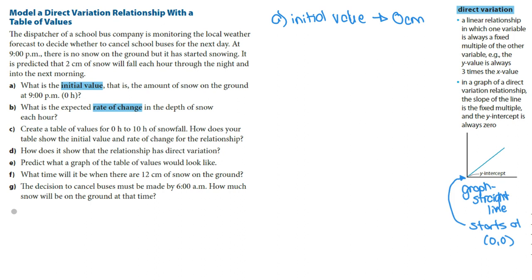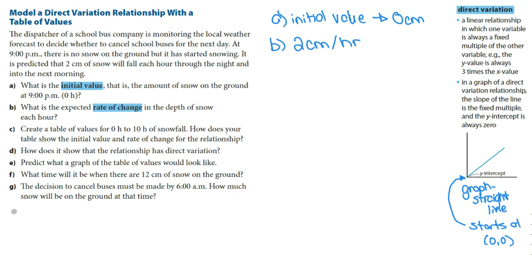What is the expected rate of change? The rate of change, in this case, is how the snow has changed in comparison to the change in time. So the rate of change, which is the same as the slope, would be 2 centimeters of snow falling per 1 hour of time passing.